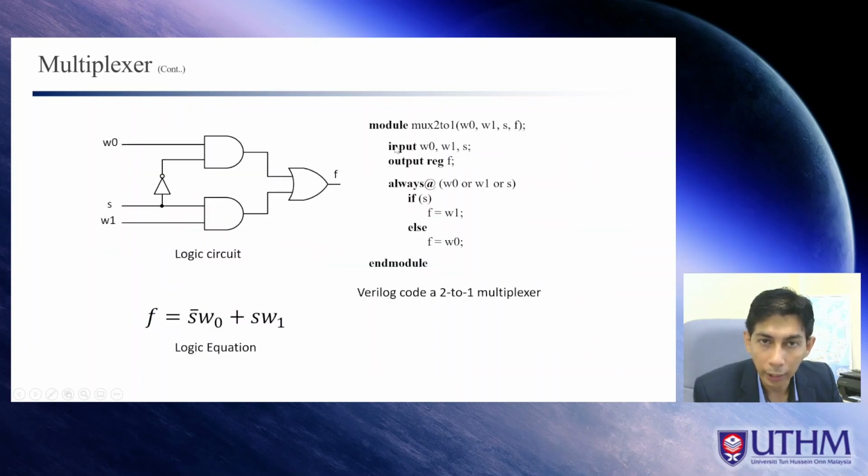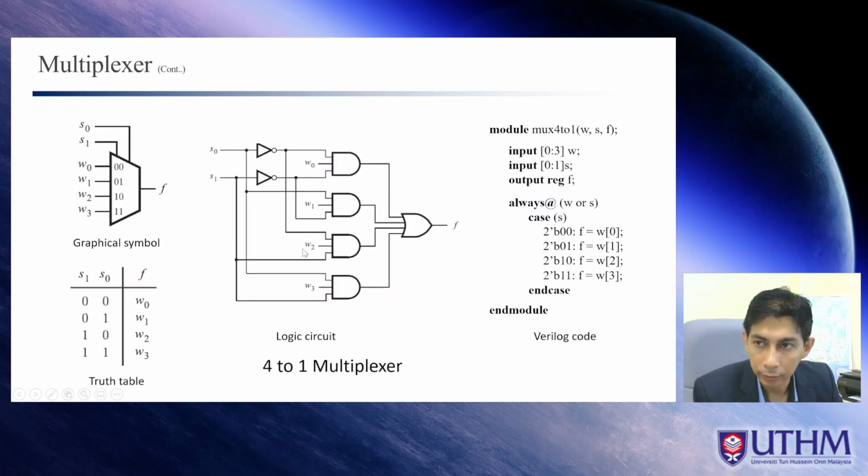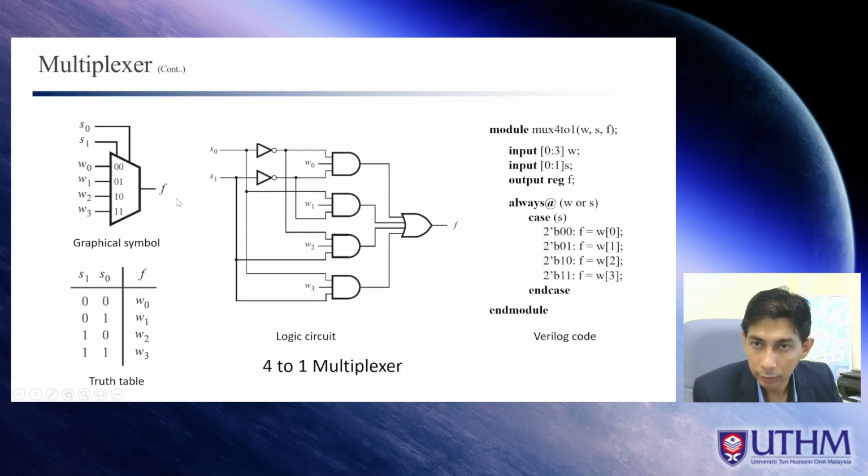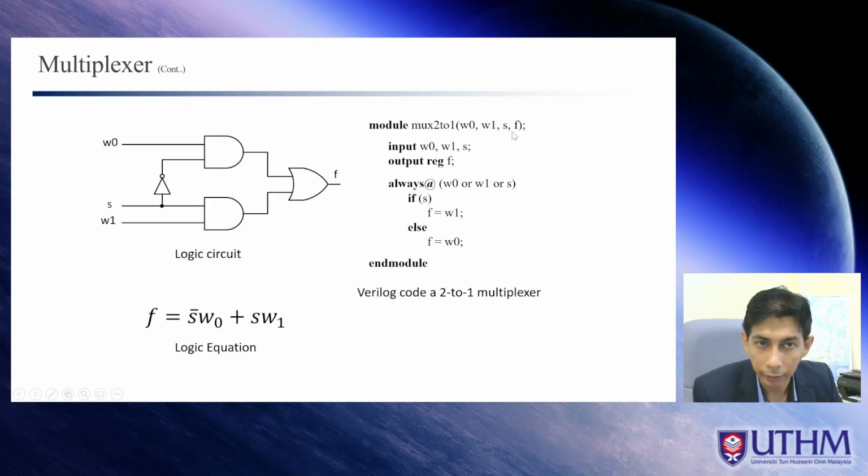So we need to go back to see here. The first one is W0 followed by W1. So in this case, should be W0, W1, right? W0, W1. What about this? S and F, right? W0, W1, S and F.